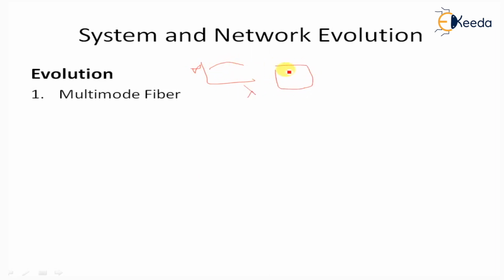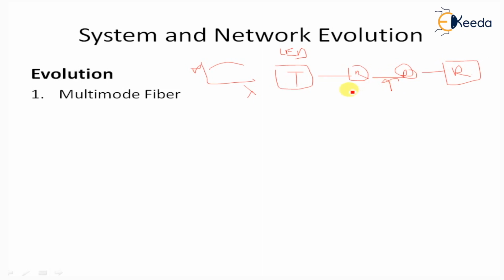Here, in the transmitter block for the multimode case, the transmitter is known as an LED, and it provides a multiple regenerator path. This is using multimode fiber, and the last block is a receiver. This fiber cable is known as a multimode fiber cable.